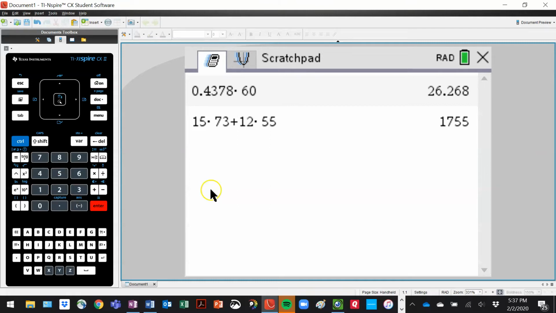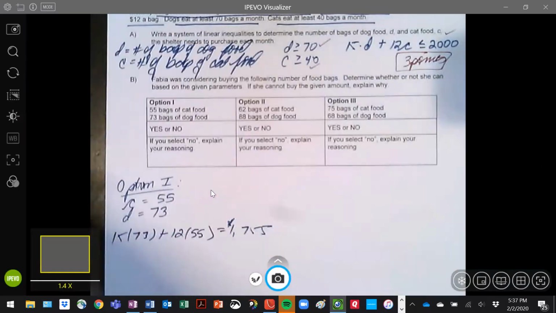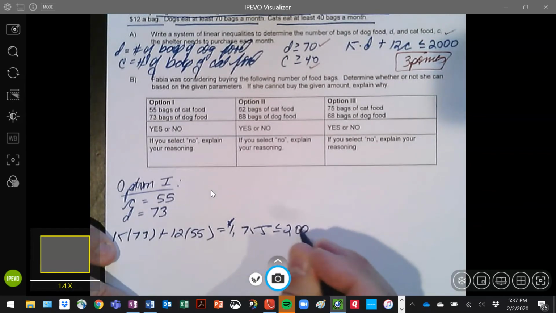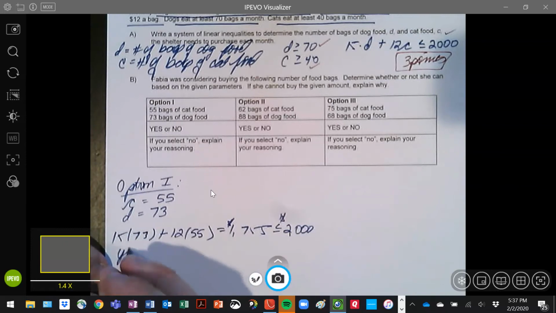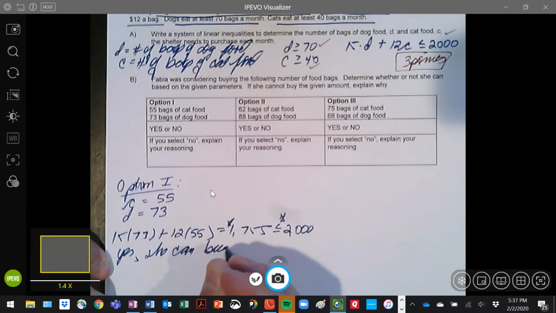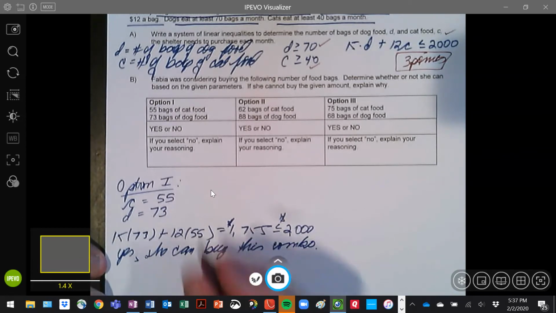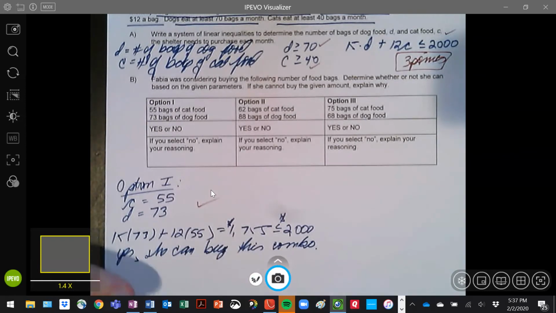Well, that is $1,755, which is less than or equal to $2,000. So I would say yes, she can buy this combo. Okay, all that is worth 1 point.